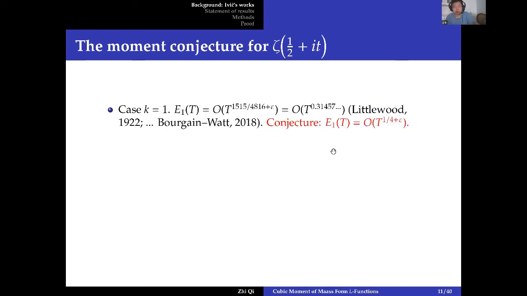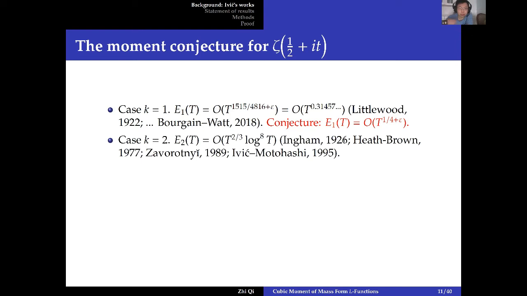And you should know that actually for k equal to 1, the conjecture will be T to the 1/4, not T to the 1/2. So this is the k equal to 1 case. And for the k equal to 2 case, the currently best error bound will be T to the 2/3. And also there's a long history here.